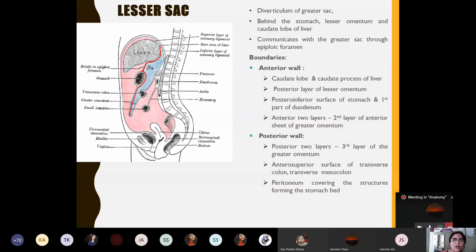Yes. Now another person can, I will use a different color here. Identify the blue marked boundary of the lesser sac.